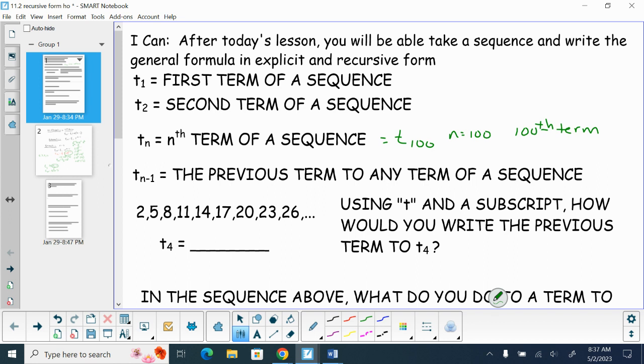That would be the 99th term, T99. I could subtract 1 from my term number to get my previous term. That's the term right next to it, the term right before it.